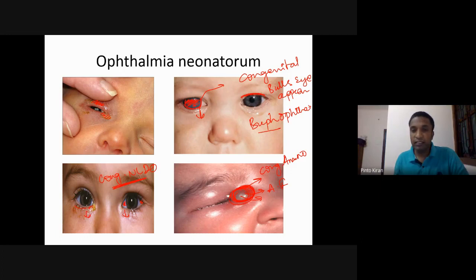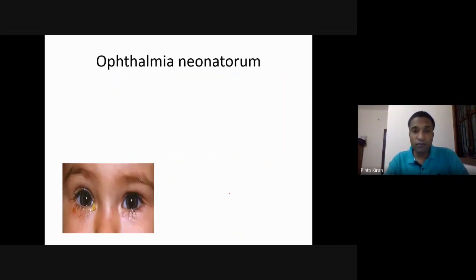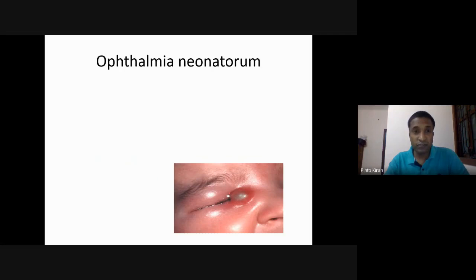Again, here the conjunctiva will appear normal. There will be an obvious mass at the medial aspect of the eyeball that you can make out. This is how you differentiate all the 4 differential diagnoses.